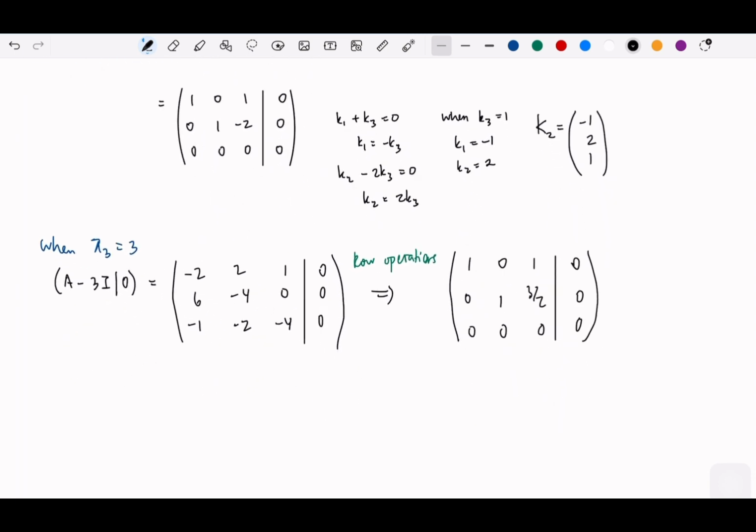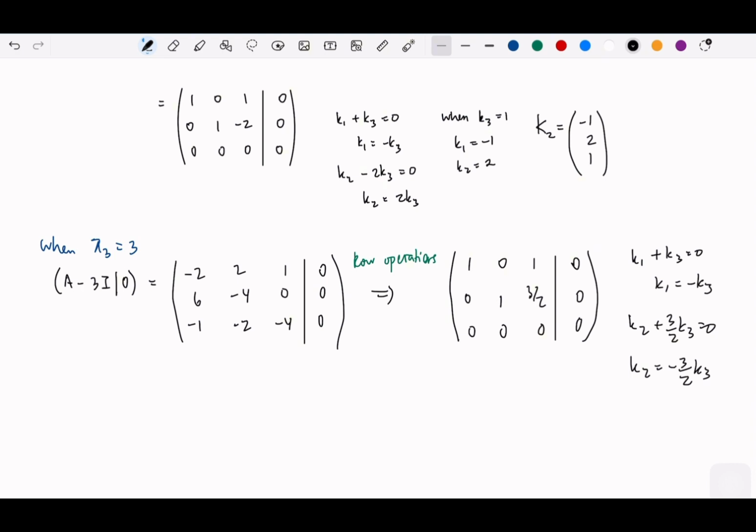So we have that K1 is equal to negative K3. I hope you can differentiate the small k, it means that it is a member of the eigenvector, so that is maybe the vector itself. And K2 plus 3 over 2 K3 is 0, so K2 is negative 3 over 2 K3.